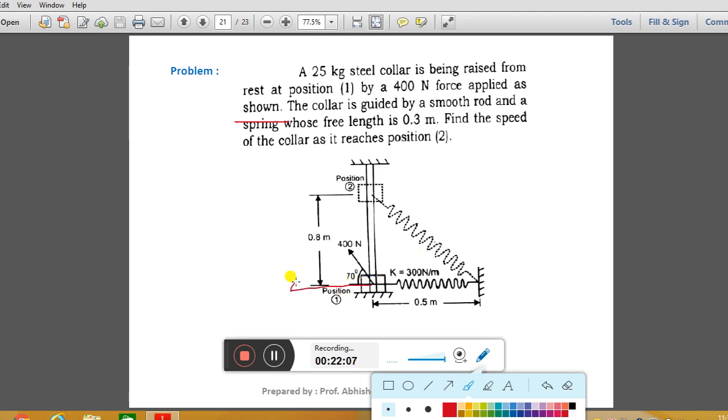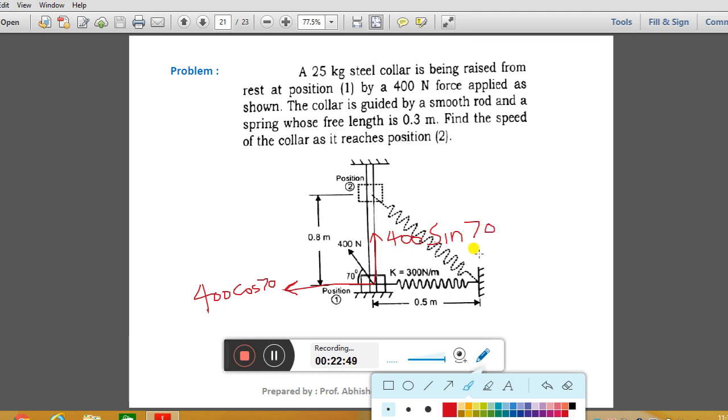One component will be 400 cos 70, and the other component will be 400 sin 70.